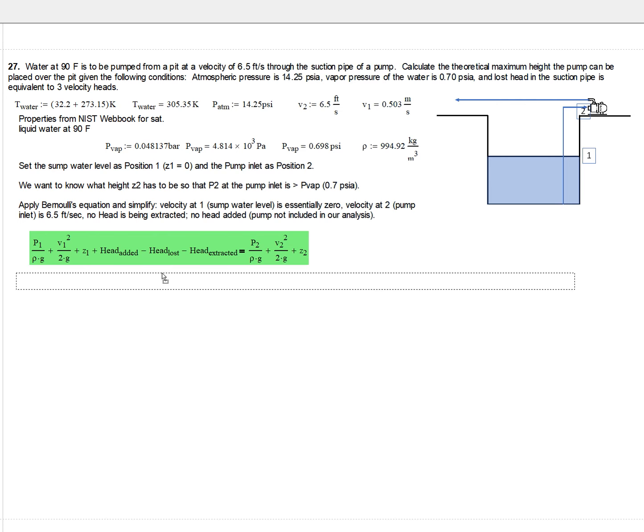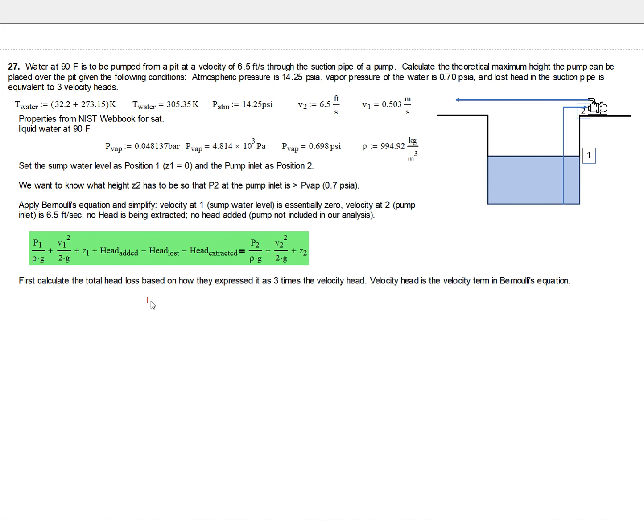First thing we have to do, though, before we can get our answer, is the dimensional analysis for the head losses due to friction. We're told that there were 3 times the velocity head, or 3 velocity heads. So the velocity head, that's just the v squared over 2g term, all right? And so again, this is why I like working with head units or energy per weight.